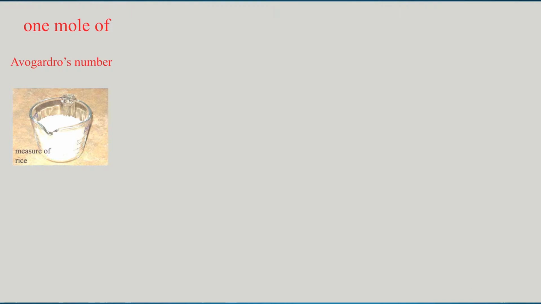When we measure anything small, for example rice, you rarely will say, well, I want to cook 500 grains of rice, or I want to cook 600 grains of rice. Rather, you will say, I want to cook 1 cup of rice, or 2 cups of rice, or 1.5 cups of rice. Why are you using a cup instead of counting how many grains?